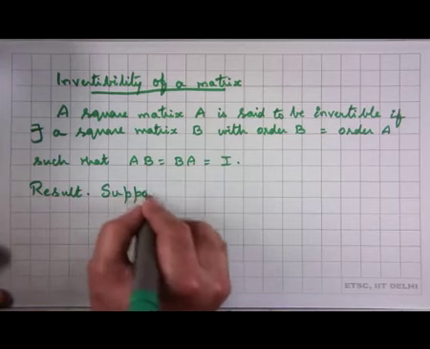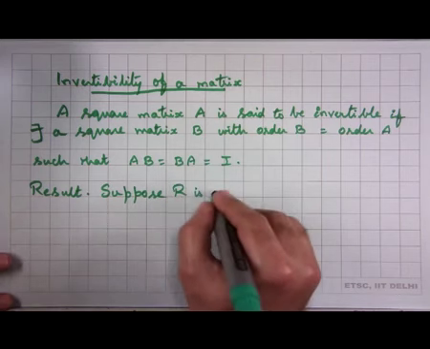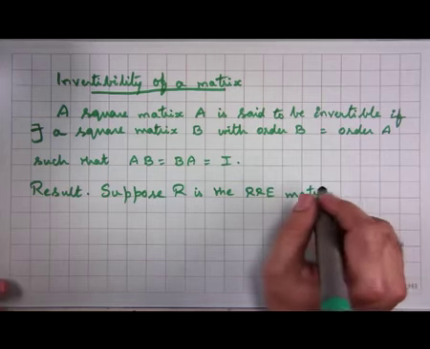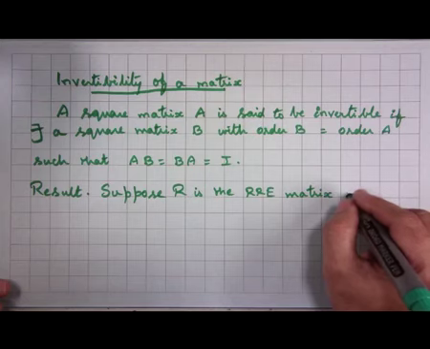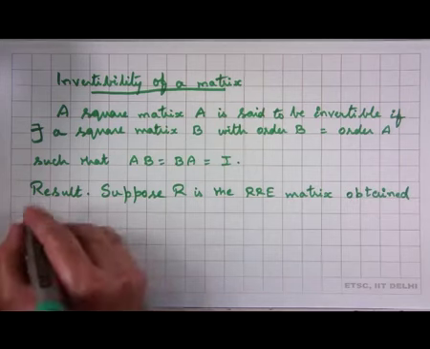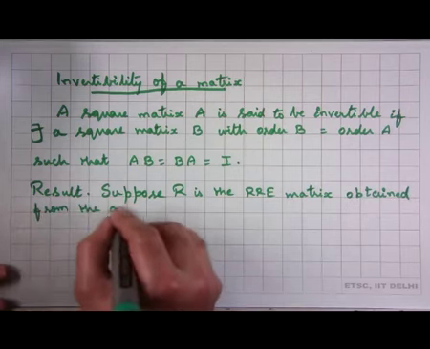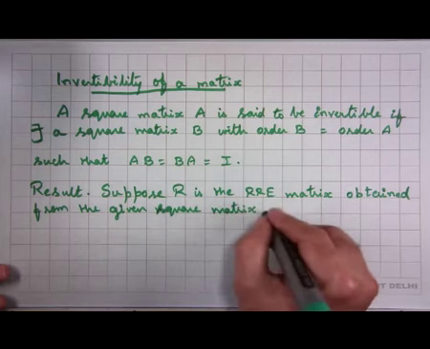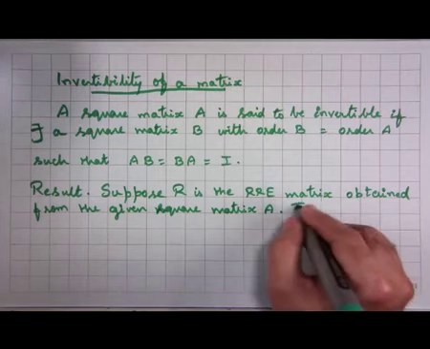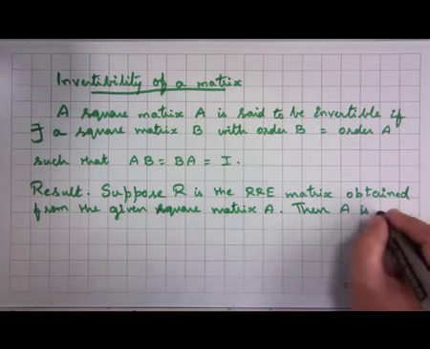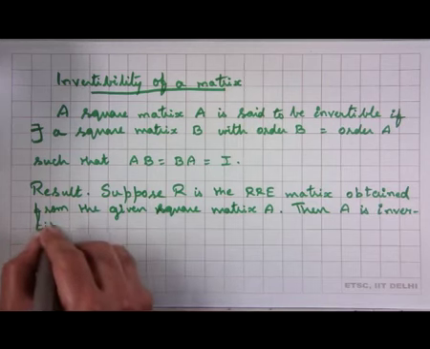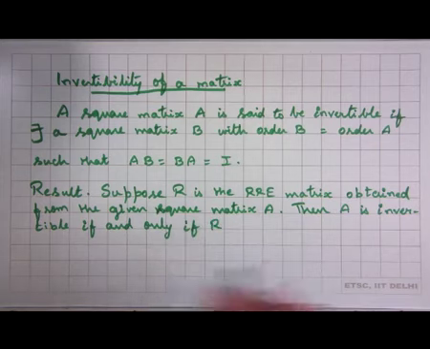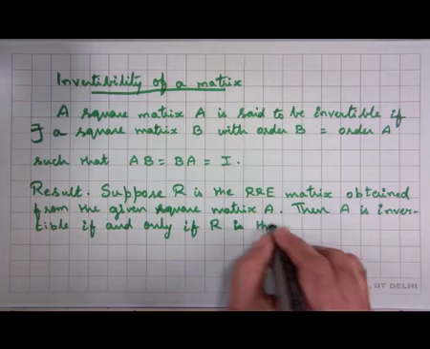Suppose R is the RRE matrix, row reduced echelon matrix, obtained from the given square matrix A. Then A is invertible if and only if the RRE matrix R is the identity matrix.